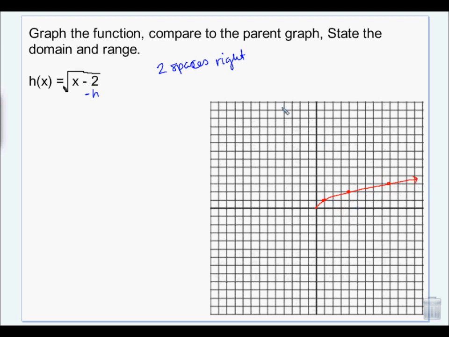But I have that -h, so I'm moving 2 spaces to the right, so I take every one of these and move it over 2. So from here I go 1, 2, from here I go 1, 2, from here I go 1, 2.